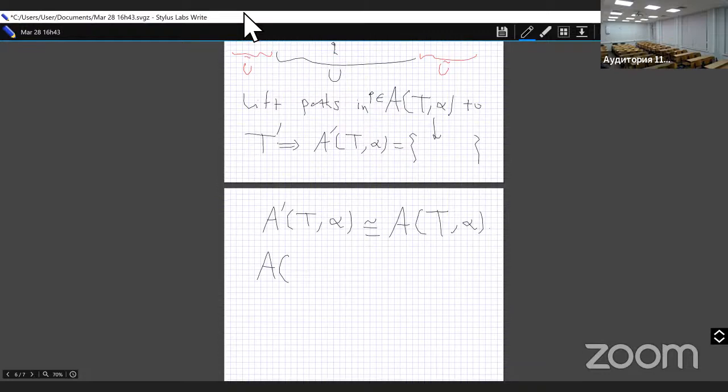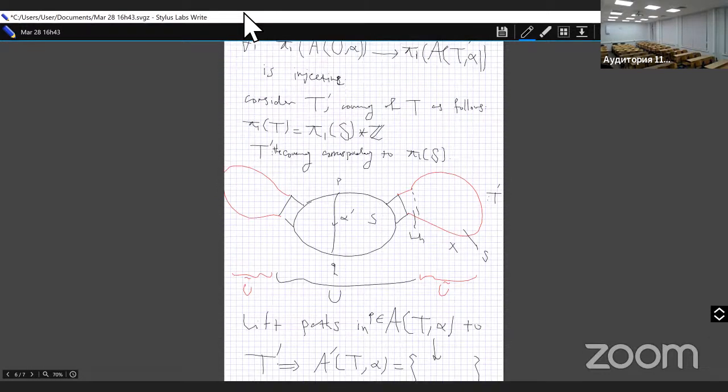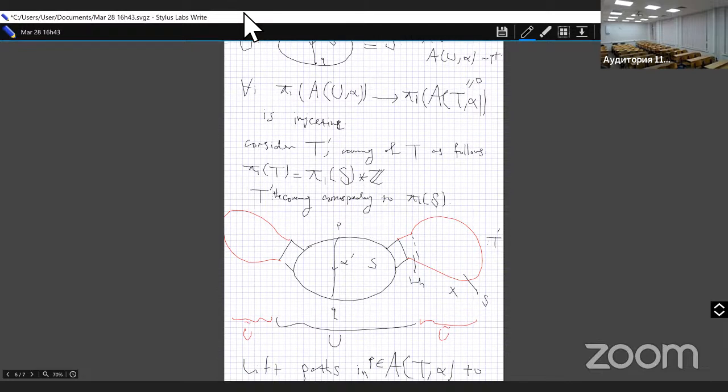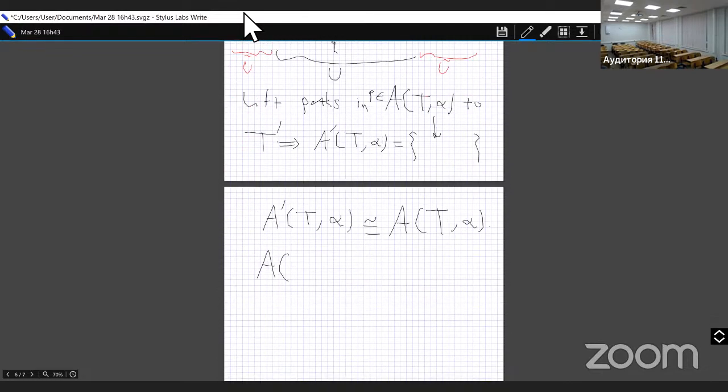let's go back and remember what we want. I want to show that the inclusion here induces a surjection here. So let's write this map in the things we have right now. Write this map, the inclusion here, as follows.